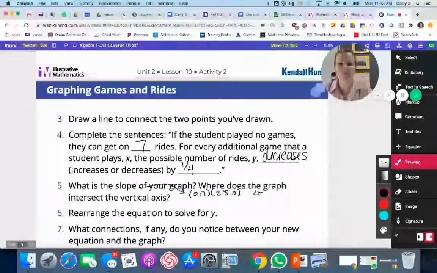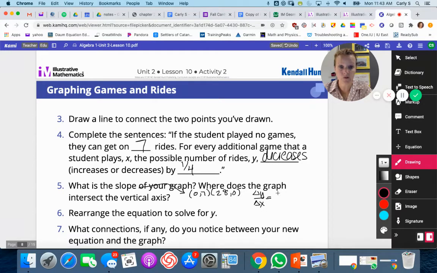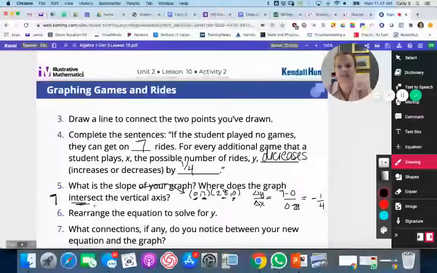So I do change in y over change in x. 7 minus 0 over 0 minus 28. That gives me negative 1/4. Okay, and where does the graph intersect the vertical axis? At 7. Okay, that's the intersection of the y-axis, or the vertical axis.